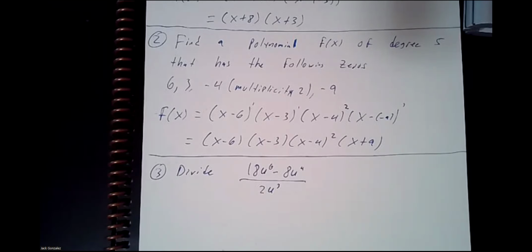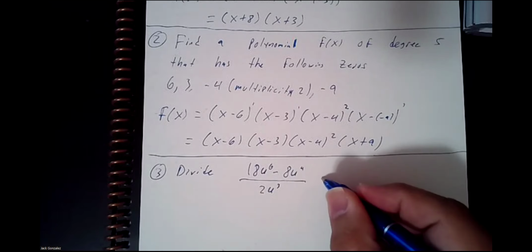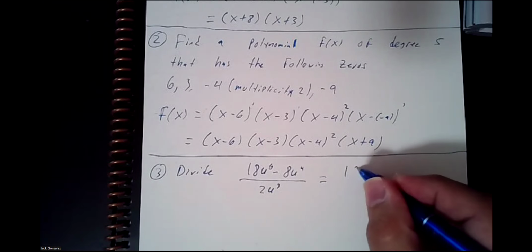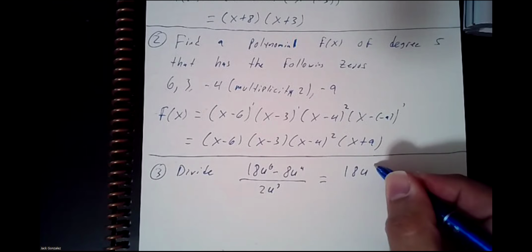Number 3, they just want us to divide. Most of the questions coming up will be about division in order to find your zeros or rewrite the question. But this is an easy one before it gets strange. Just divide each term by your divisor.